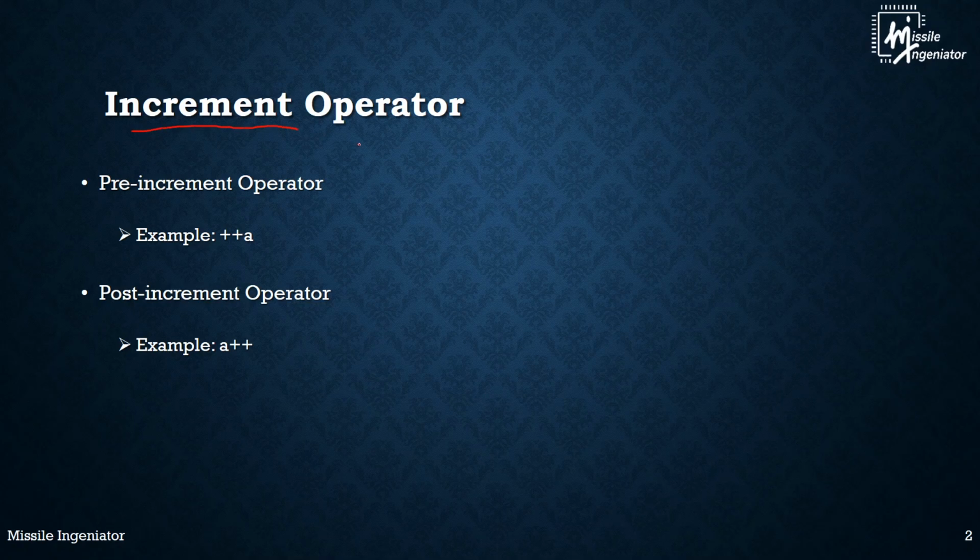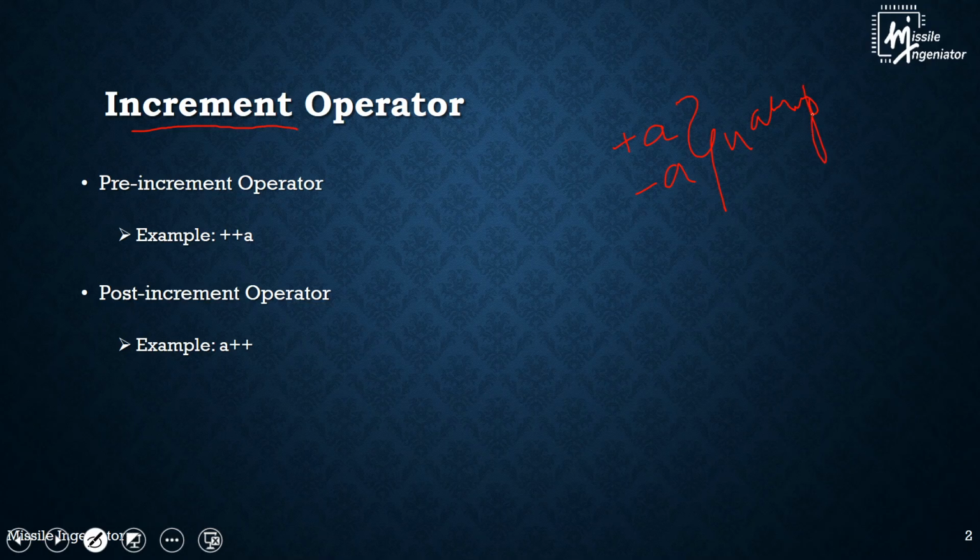Such as if I take an operand a, we perform operations like unary plus or minus a. So this is a single operator working on a single operand. This is a unary operator.